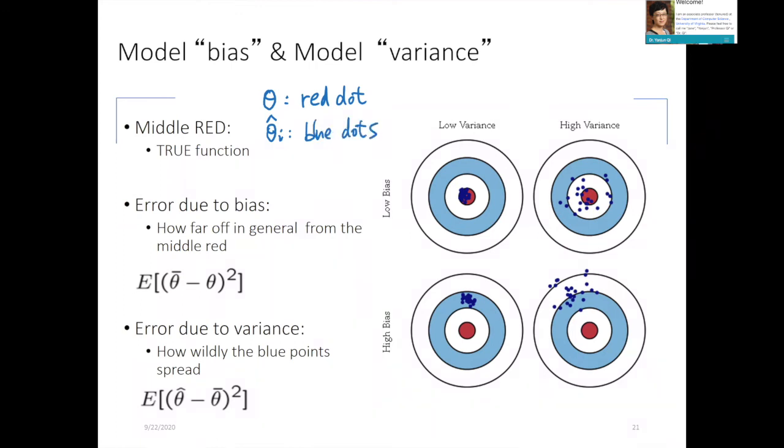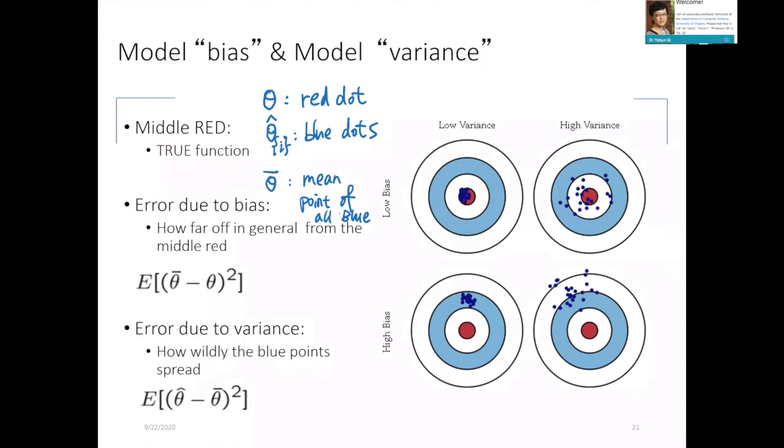Actually, you have a lot of blue dots, a set, because of the randomness of your training data. And theta bar is the mean point of your blue clouds, of all the blue. Okay, questions here? Because this is extremely important.